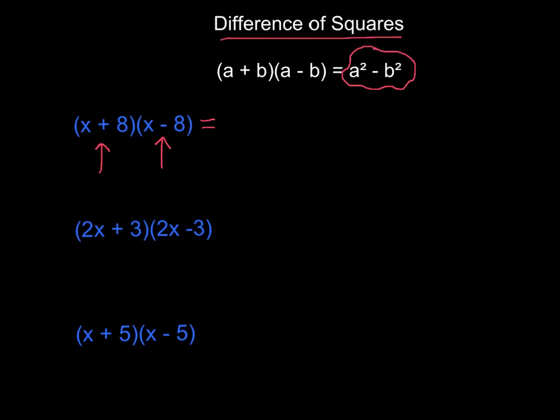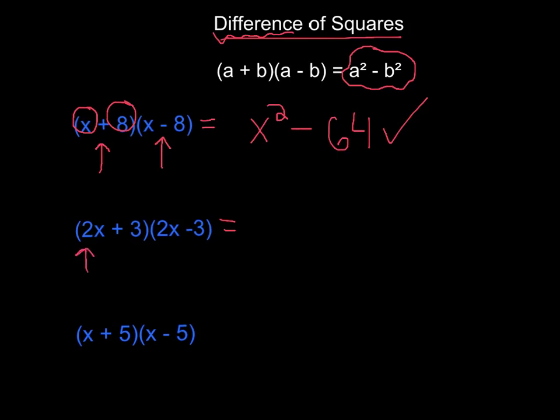All you have to do is take the first term in the first binomial and square it. So we have x squared. It's always subtraction, and then square the second term. 8 squared is 64, and then you're done. Look at the second one.